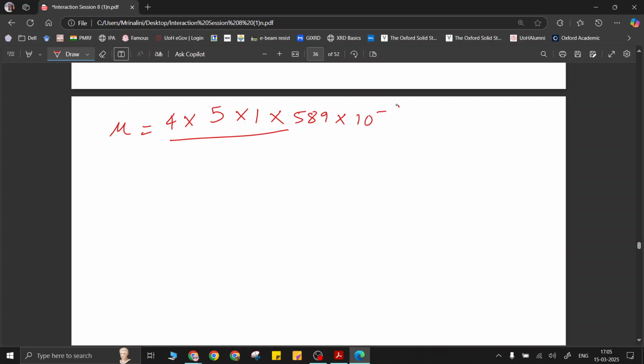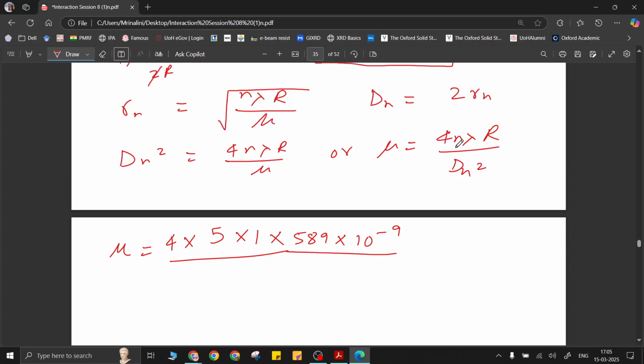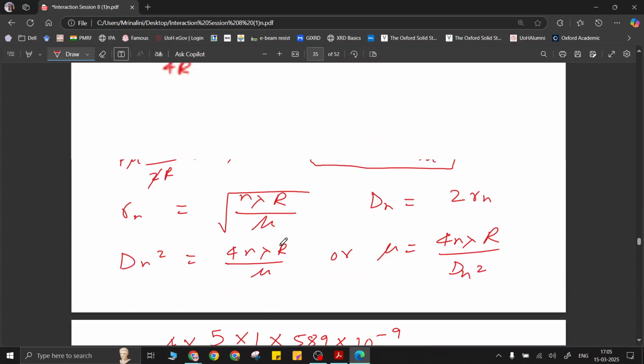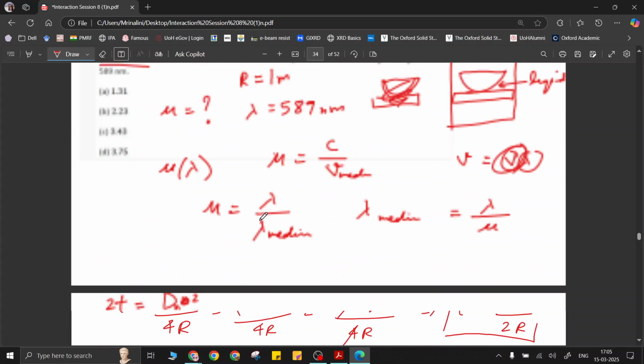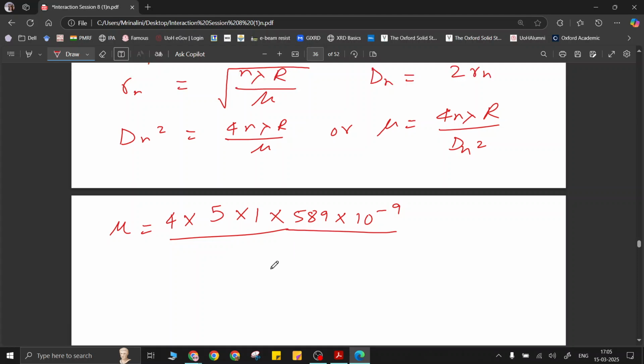10 to the power minus 9, I think we can do, because 4n lambda, R is in meters, so we'll keep everything in meters. Then dn squared. Now the diameter of the fifth order dark ring is given to be 3 times 10 to the power minus 3 meters, and we have to take the square of it.